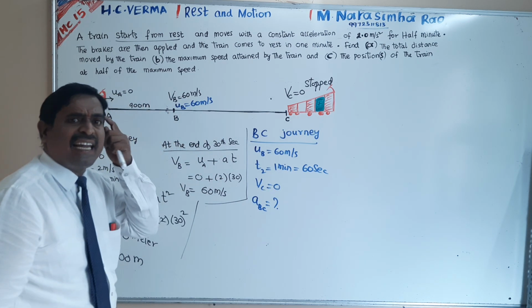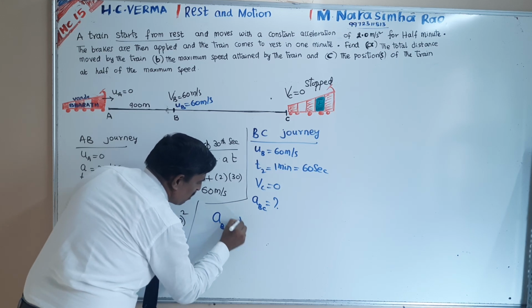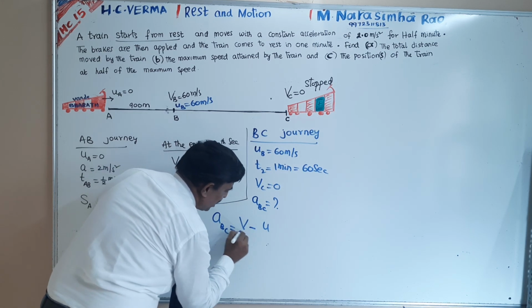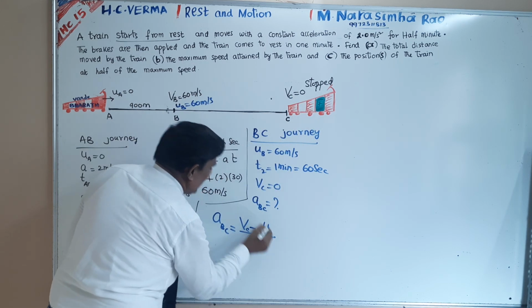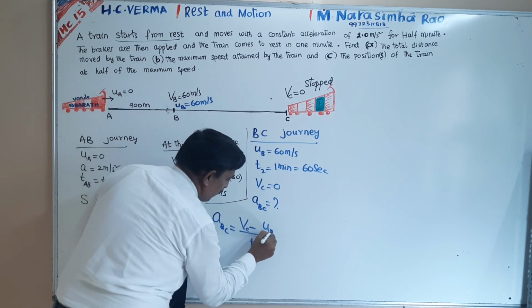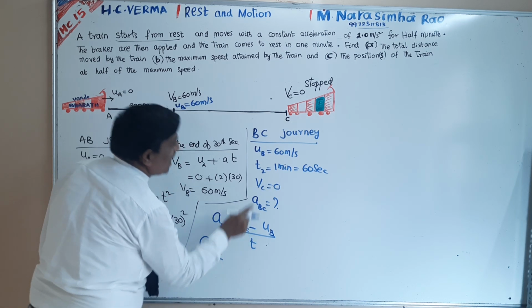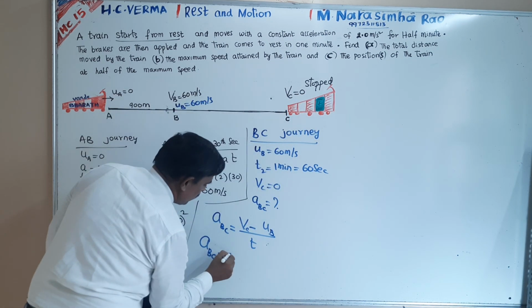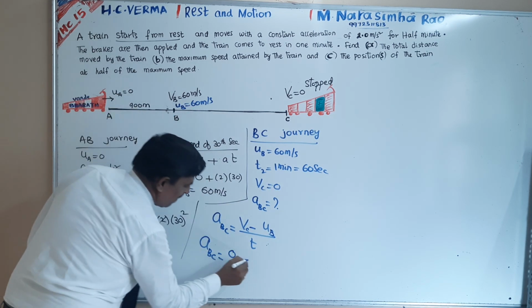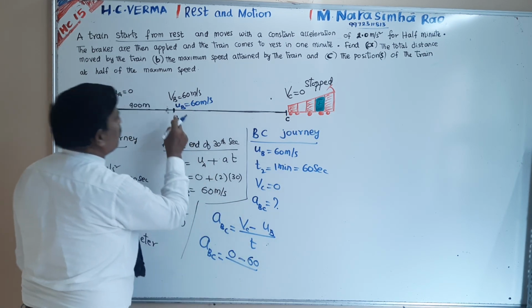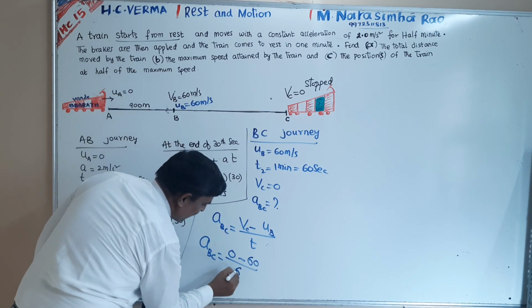Now please listen here. Acceleration formula is V minus U by T. Final velocity VC, initial velocity at B. Acceleration between B and C is velocity at C, which is 0, minus initial velocity at B, which is 60, divided by time from B to C, which is 1 minute, that is 60 seconds.